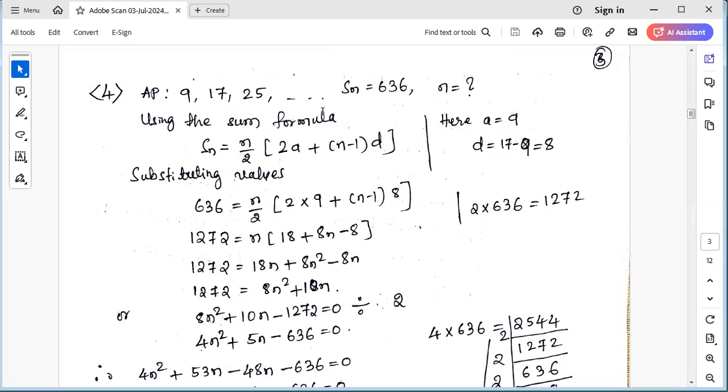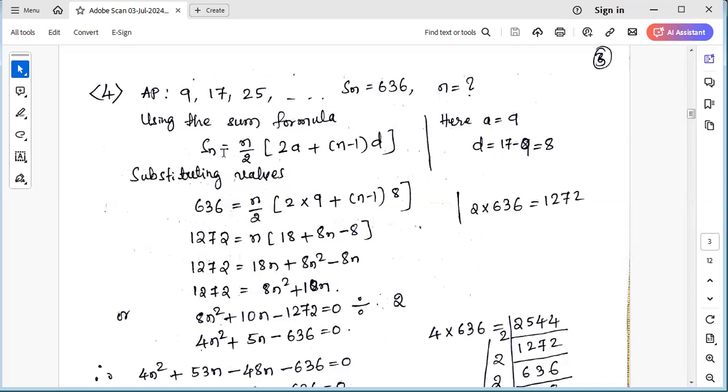And the common difference d is equal to 17 minus 9, since it is given by the second term minus the first term. 17 minus 9 is 8. So the value of common difference d is 8.